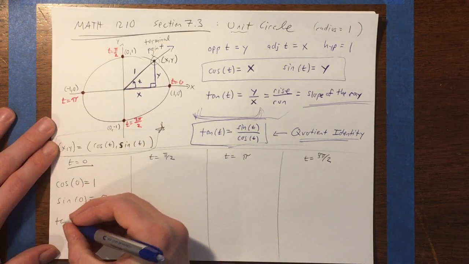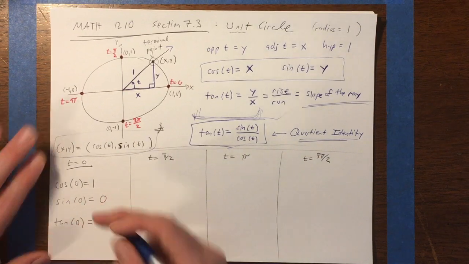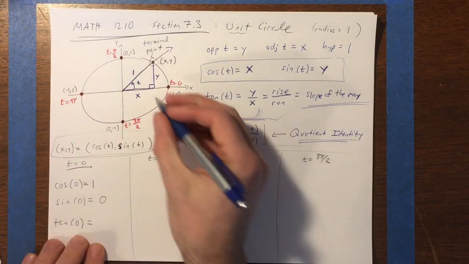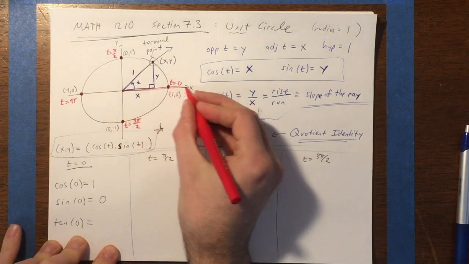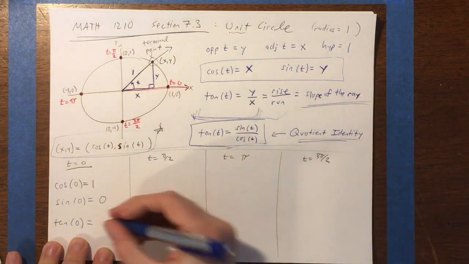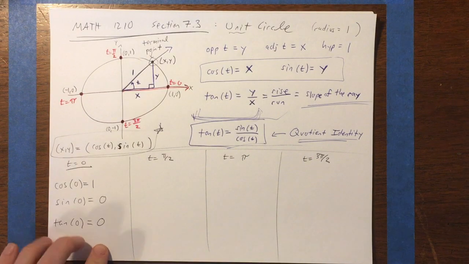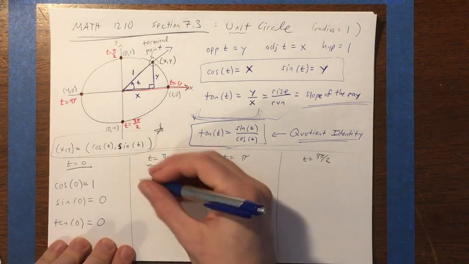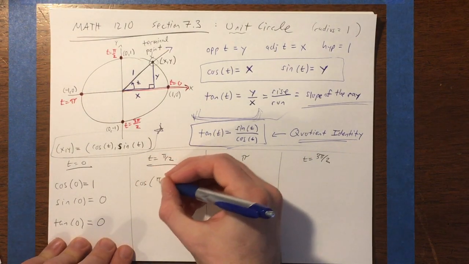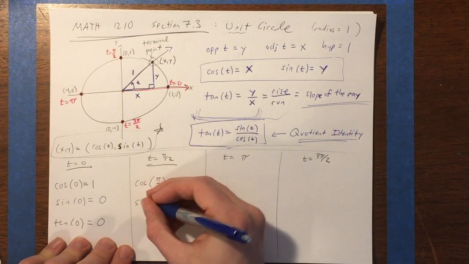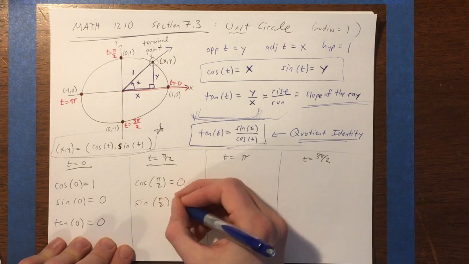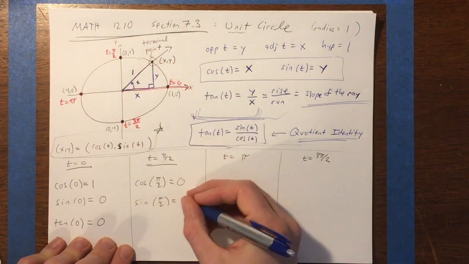And then remember the tangent output is the slope of the ray. So the ray coming out right here, this ray, has slope 0. So tangent of 0 equals 0. Let's do pi over 2. Cosine of pi over 2 is the x coordinate of this point, which is 0. Sine of pi over 2 is the y coordinate of this point, which is 1.